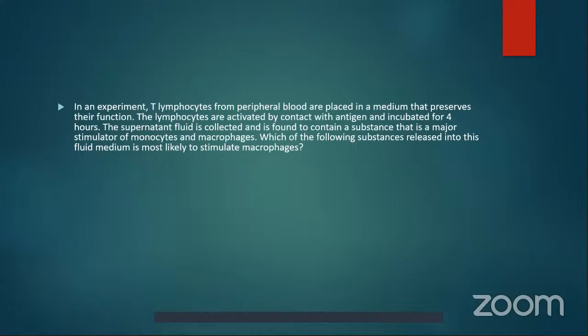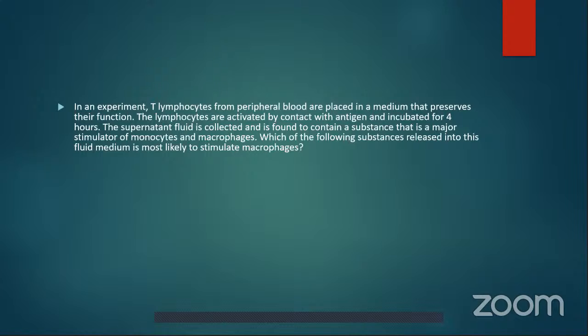Next question. In an experiment, T lymphocytes from the peripheral blood are placed in a medium that preserves their function. The lymphocytes are activated by contact with antigen and incubated for 4 hours. The supernatant fluid is collected and is found to contain a substance that is a major stimulator of monocytes and macrophages.